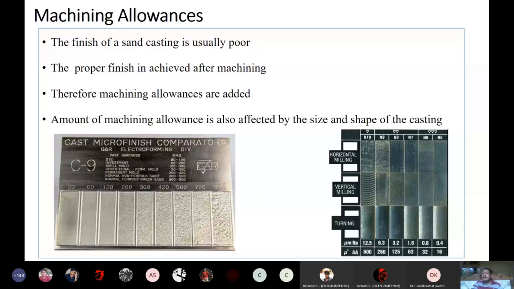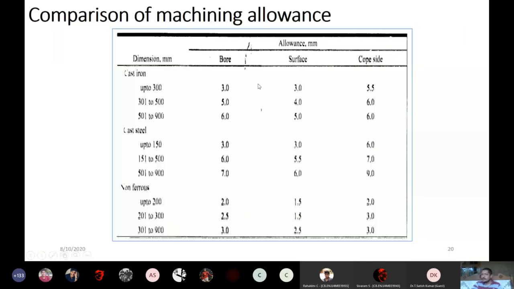So for that purpose, you have to use a slightly larger pattern for making the mold in order to compensate for this machining allowance. Again, this is not the same for all materials. Machining allowance will vary from material to material, and also vary with size, that is bore or surface or cope side.